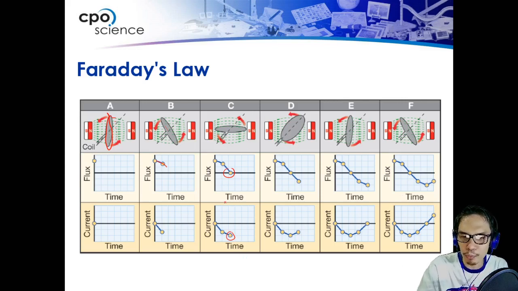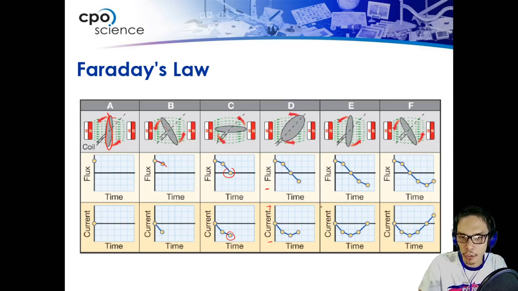As it goes back again, the magnetic field is starting to change one more time as the loop of wire turns the other way around. So what happens to the current? It's starting to go to the other direction. This is positive and this is negative. The flux is starting to increase one more time down to the negative section of this graph.